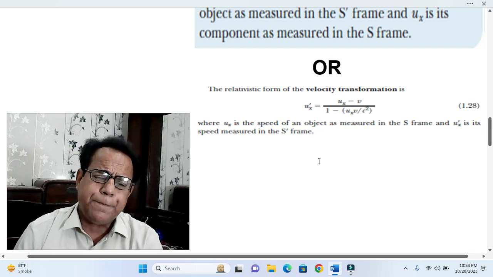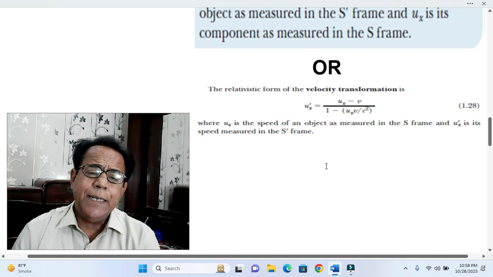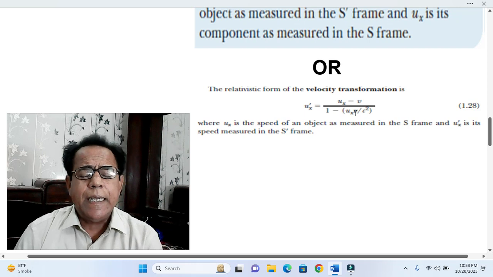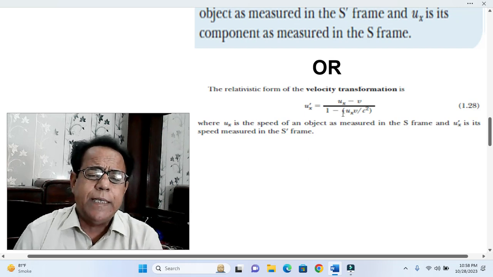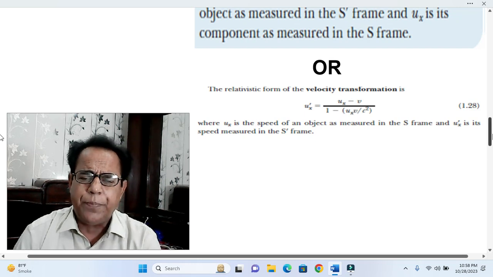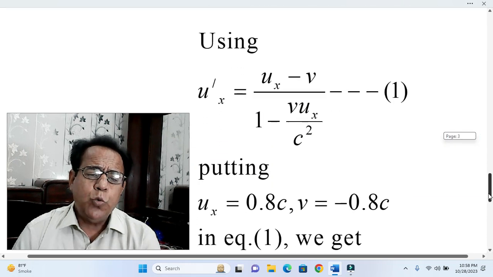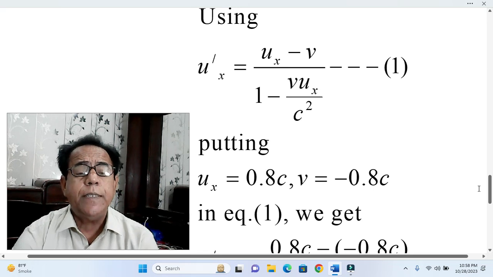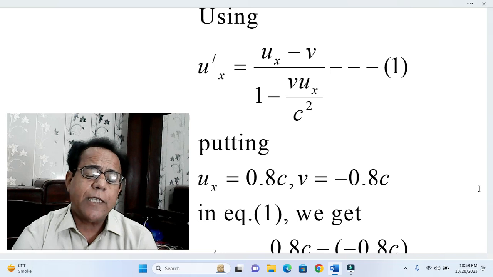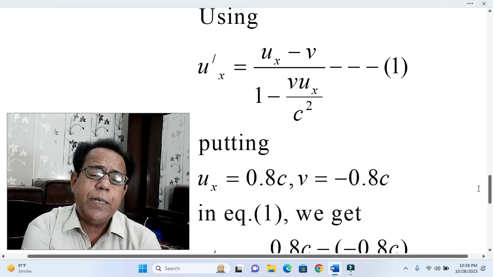We will just decide which given value falls under which of these, and then we will put these values in this expression, and our result will appear. So using u dash x equal to ux minus v over 1 minus v ux over c square, we have given this expression the name equation number 1.